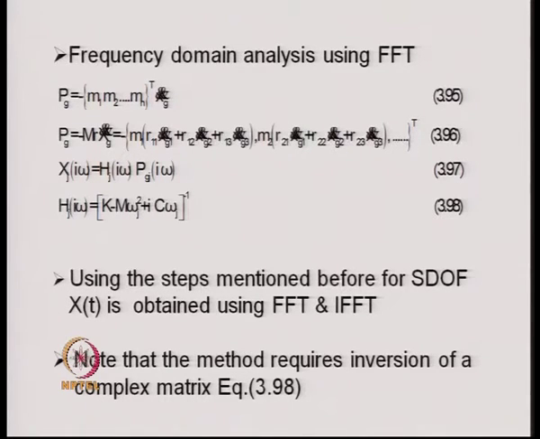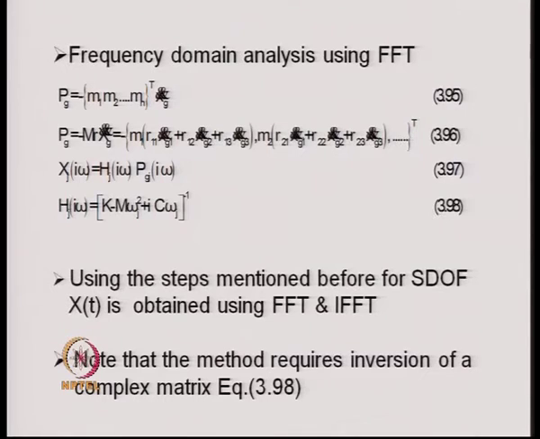And the excitations x double dot g1, x double dot g2 are the excitations at different supports. Similarly, one can obtain the second element of the vector, that is the mass of the second floor multiplied by similarly R21 x double dot g1 etc.